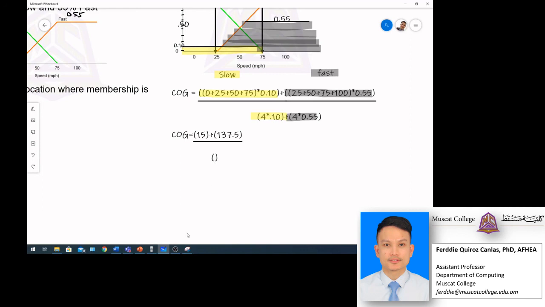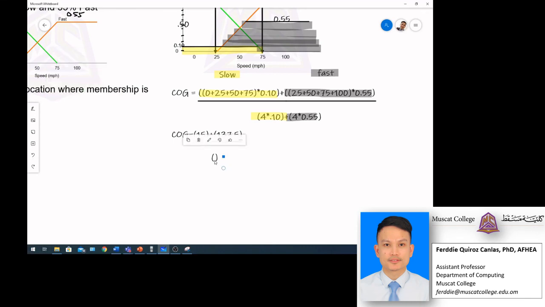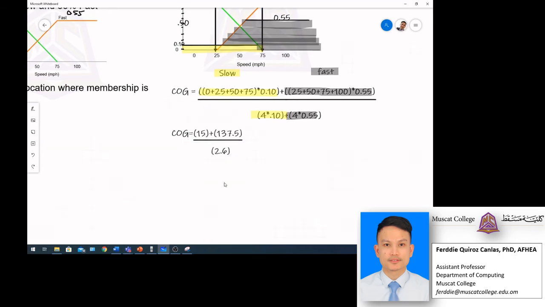So going back, this should be 0.10, plus this one, 4 times 0.55. So we will get something like this, 2.6. Okay, so we can now finalize the answer.